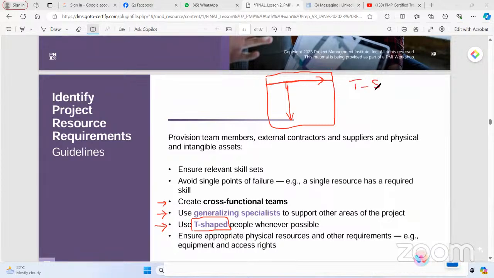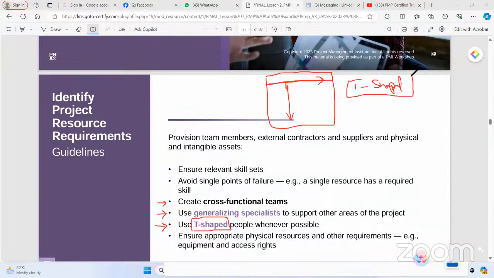And it's important to have T-shaped team members in your team because they can be your first hand of help. Let's say they really excelled in development, and if the lead developer is sick or there is any emergency, then these T-shaped staff can jump in.